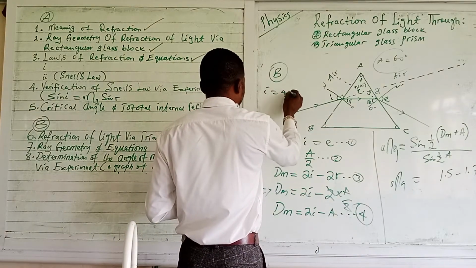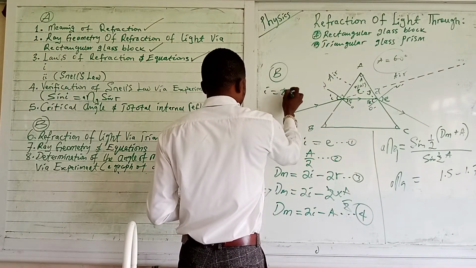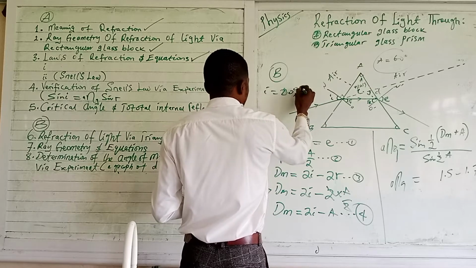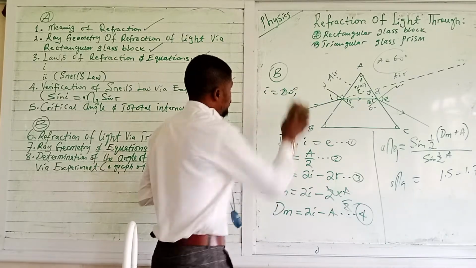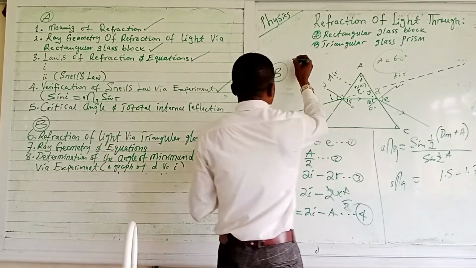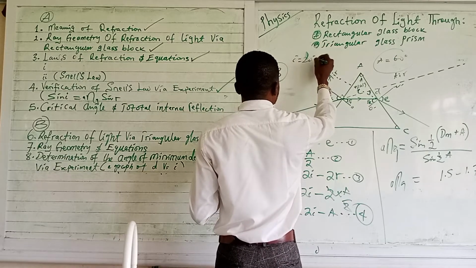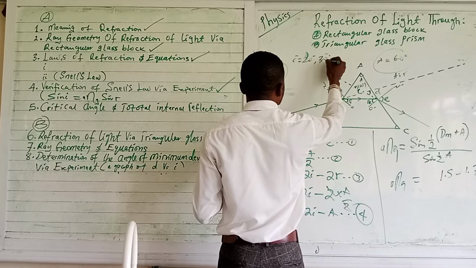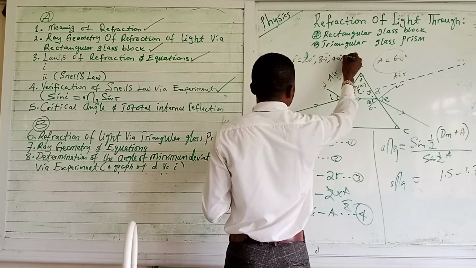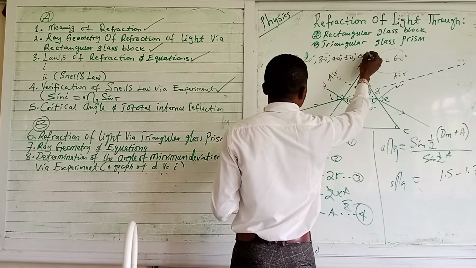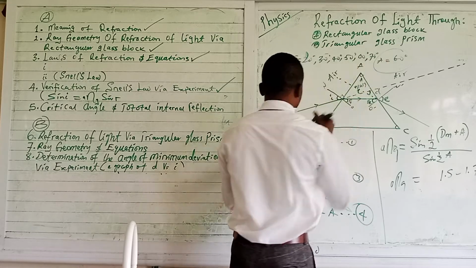I is equal to 20 degrees, 30 degrees, 40 degrees, 50 degrees, 60 degrees, 70 degrees.